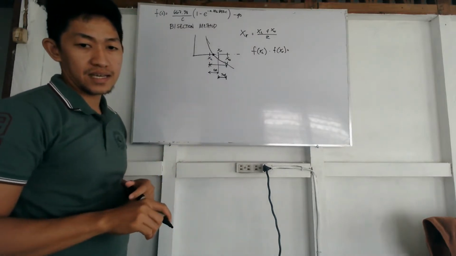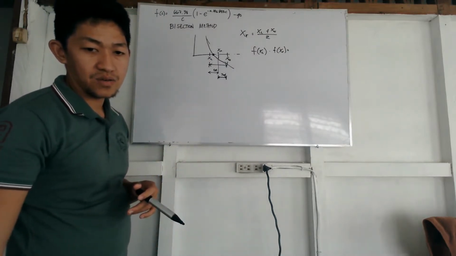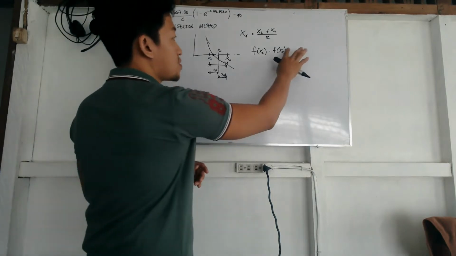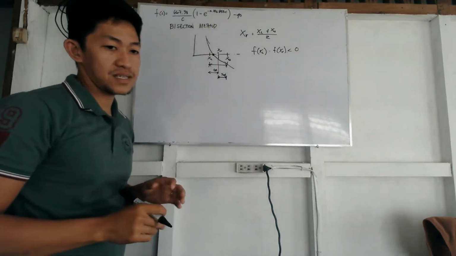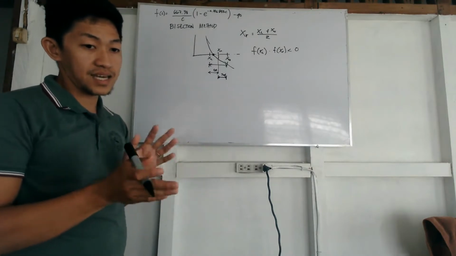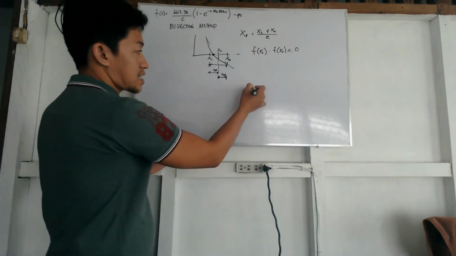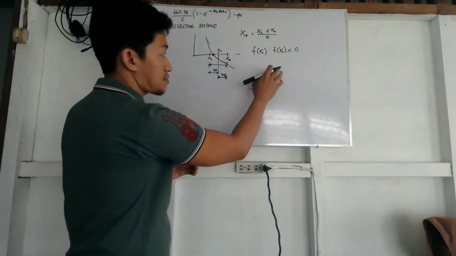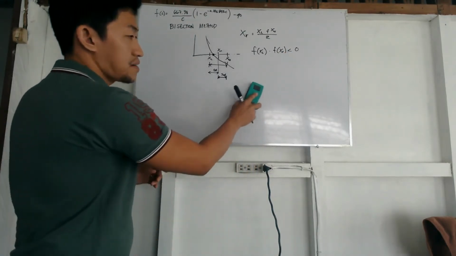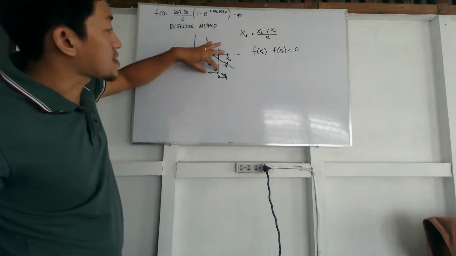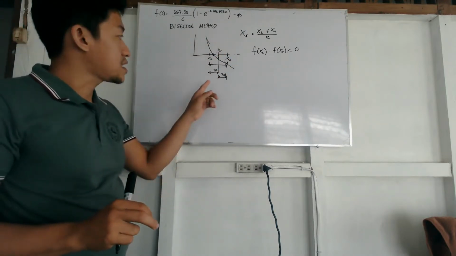If the answer is less than 0, it means there is a change in sign. Negative times positive is negative, so less than 0. Therefore the root is in the first.